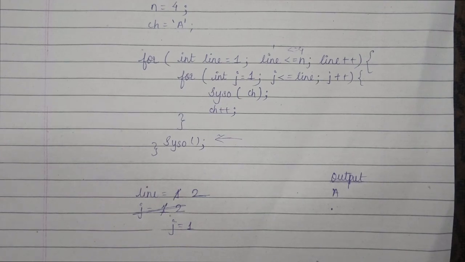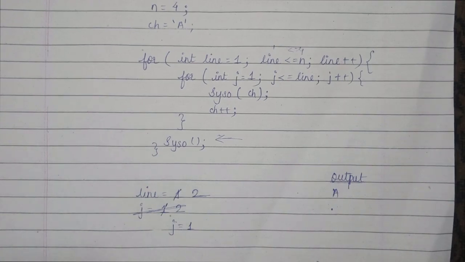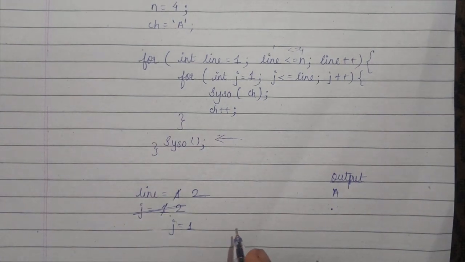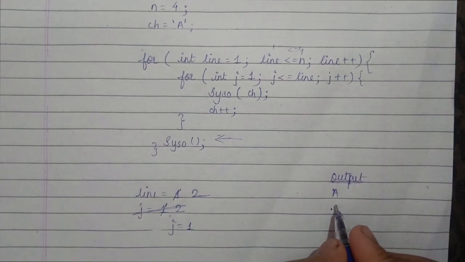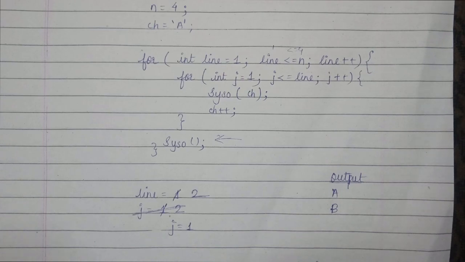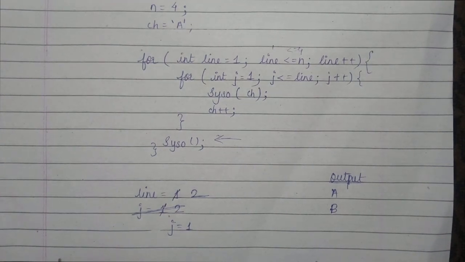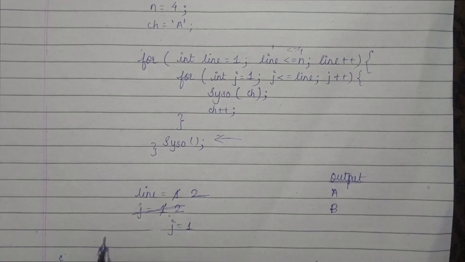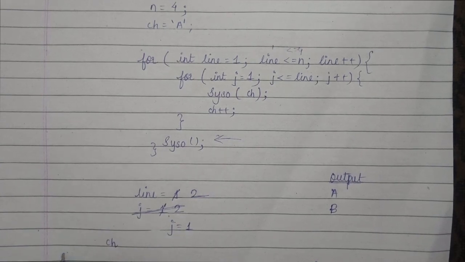Yes, the condition is true, then it will print the character. Now the character has been updated and the character is B. B will be printed, and the character's value is updated by, I am creating the characters here also.